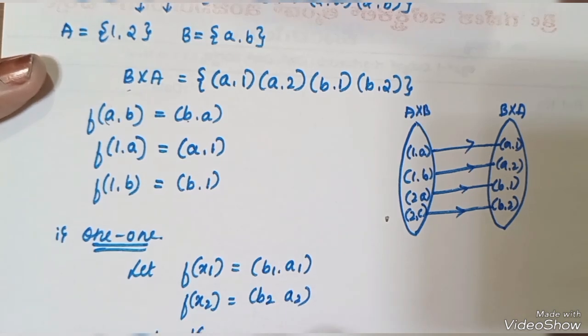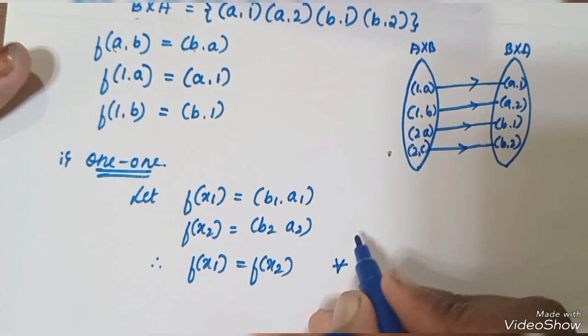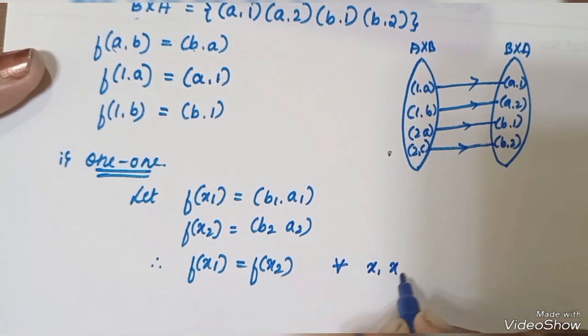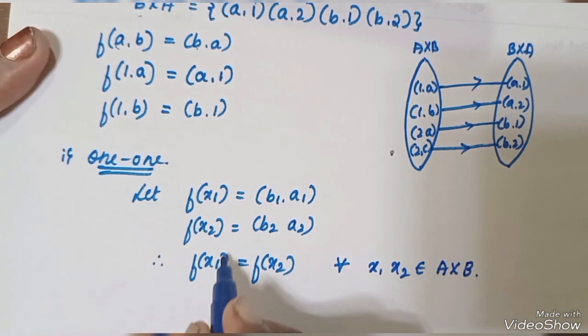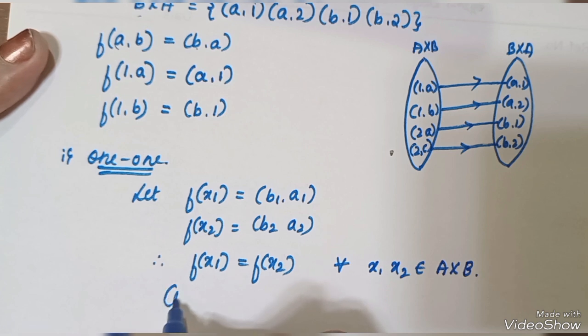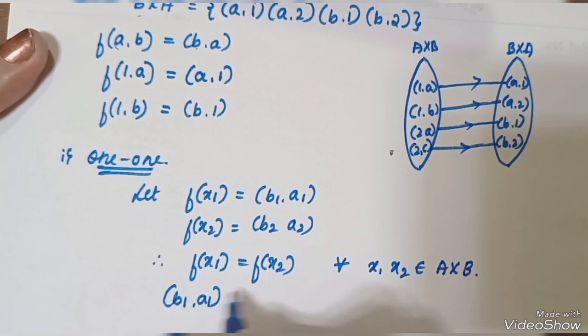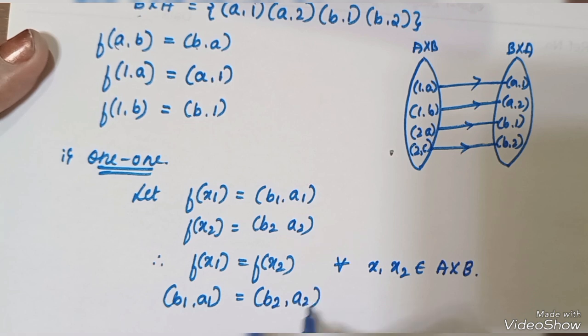Therefore f of x1 is equal to f of x2 for every x1 and x2 belonging to the Cartesian product A cross B. Now f of x1 means b1 comma a1, f of x2 means b2 comma a2.